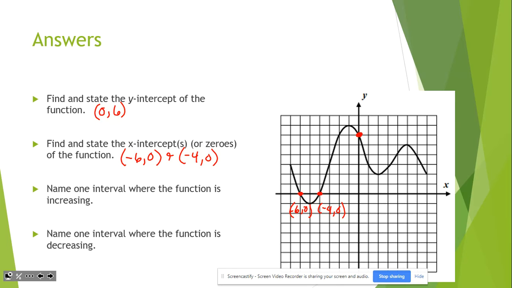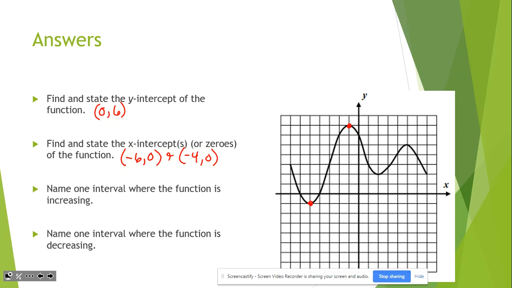Name one interval where the function is increasing. So, erase these two x-intercepts here. The function is increasing when it's going up. From this point right here to this point right here, the function is going up. So, the interval needs to be written in interval notation. And in this case, this is x equal to -5. This is x equal to -1.